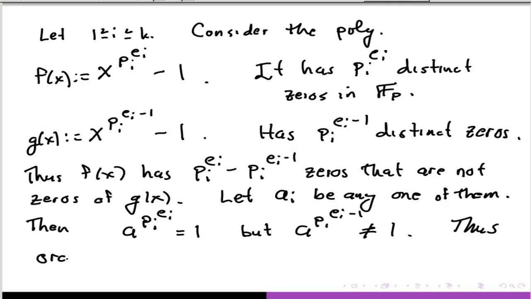Thus the order of a, that's a sub i here, is pi to the ei, which is exactly what I wanted to establish. QED. So for each prime power we have constructed, in fact, the Euler phi function many zeros that would serve as generators for the cyclic group. Well, generators for that part of the cyclic group.